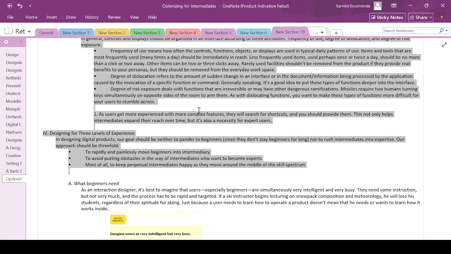Generally speaking, it's a good idea to put this type of function deeper into the interface. So you need to put that deeper, or at least smaller, in the bottom bar. If you're tailoring to experts or computer-literate users, such as with authoring tools like Word, you can put that at the bottom bar, but ideally it should be nested into the menu, because the user may not use that again, or may not be able to go back again.